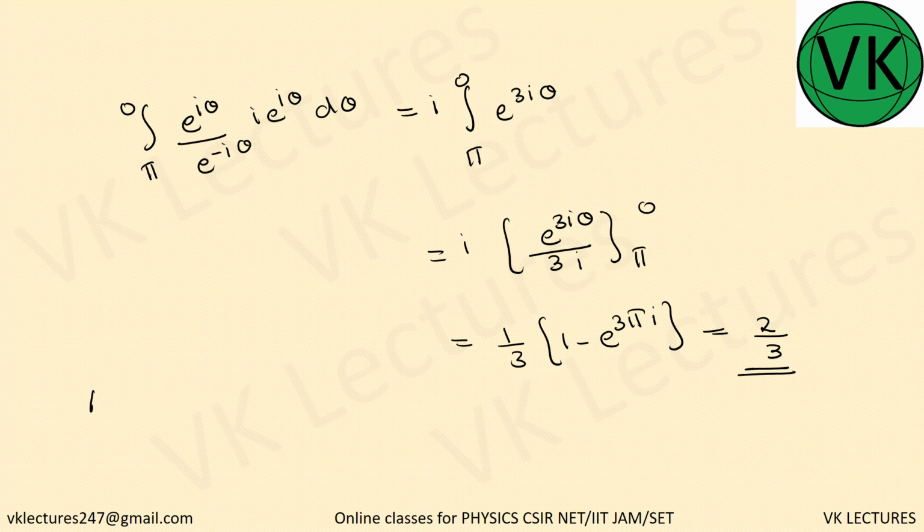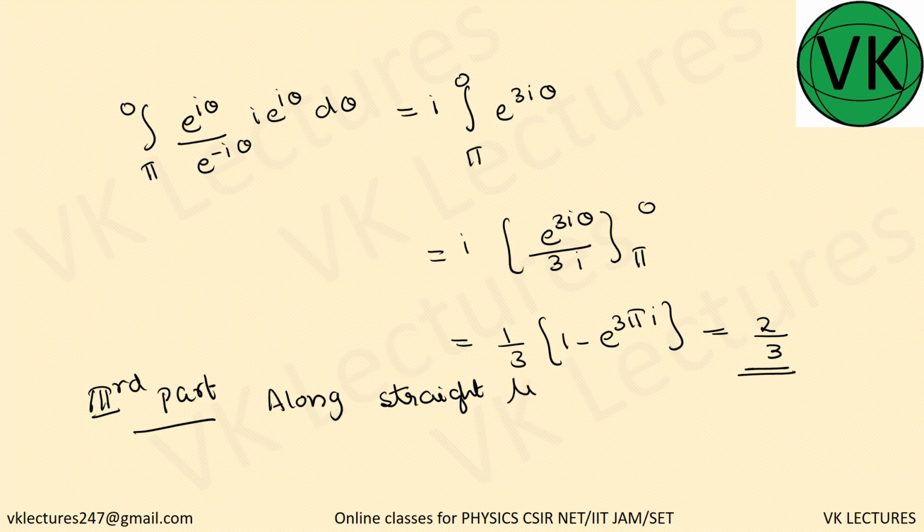Then for the third part, that is along a straight line, so integral of x by x dx is equal to integral from 1 to 2 of 1 dx, that is equal to 1.